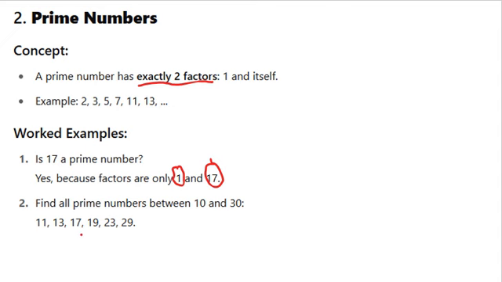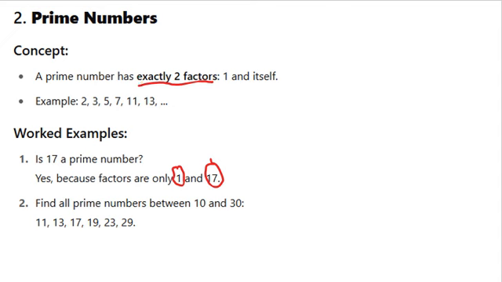They don't have any other factors. You can confirm that for all of these numbers. So this is how you can answer this question: 11, 13, 17, 19, 23, and 29. These are the prime numbers.